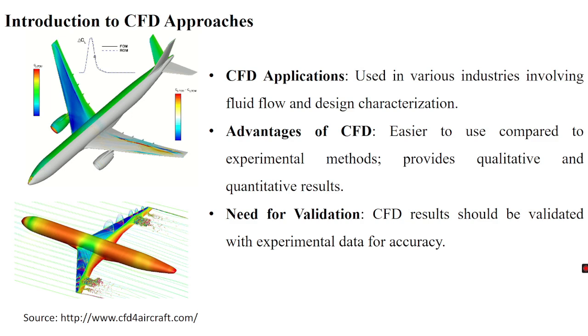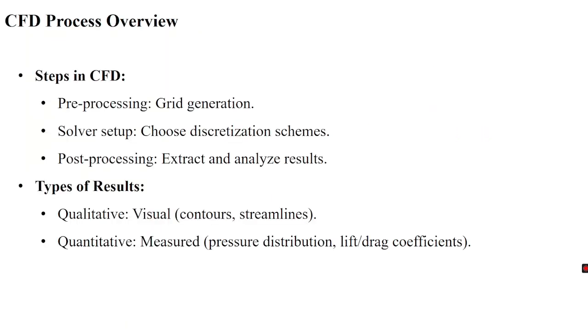For any CFD analysis to be considered reliable, both qualitative as well as quantitative results must be aligned. We must ensure that these results are validated before applying them to new geometry or flow conditions. As I said, there may be qualitative results where we visualize the data in terms of contours and streamlines, and quantitative results in terms of numbers, such as measured pressure distribution, lift coefficients and so on.